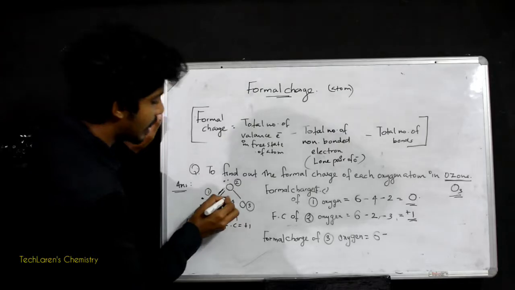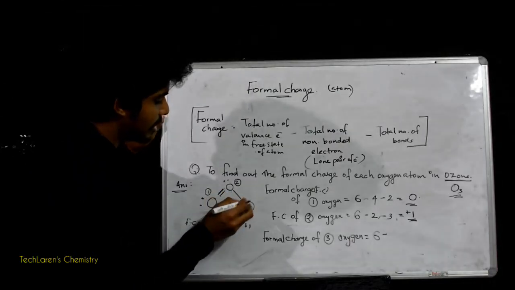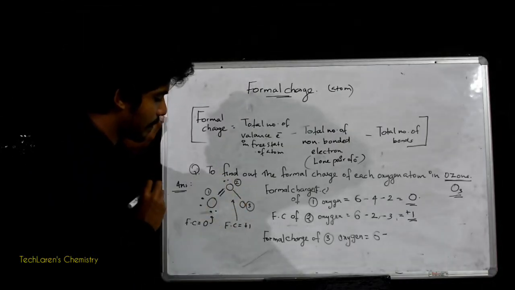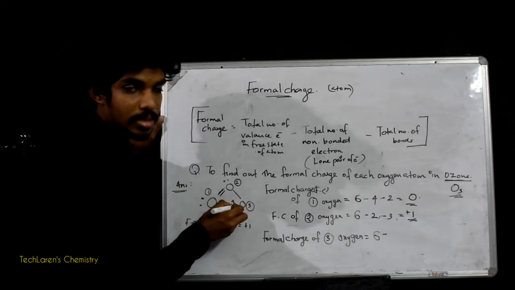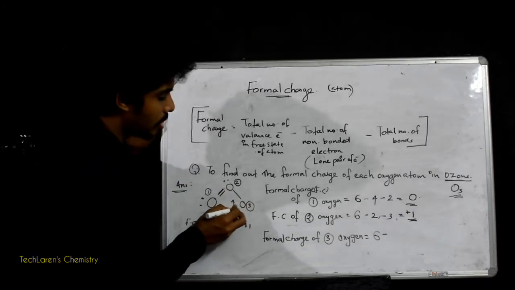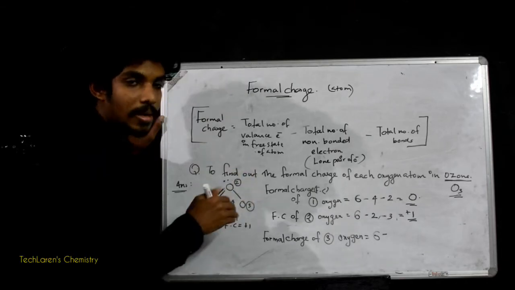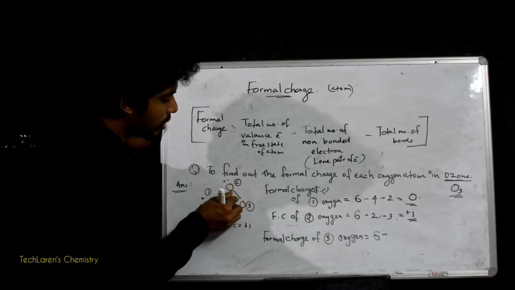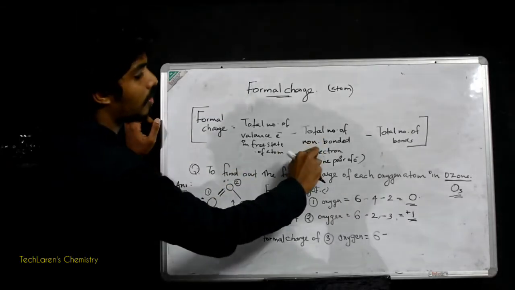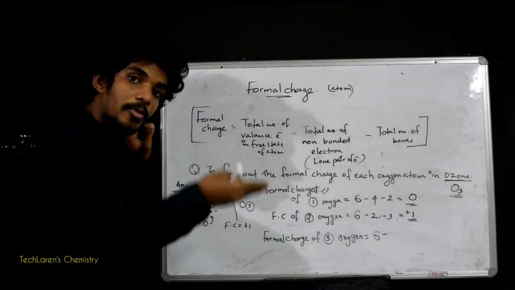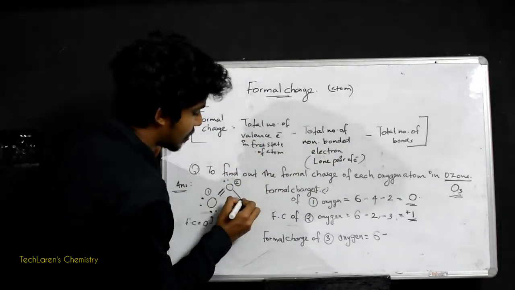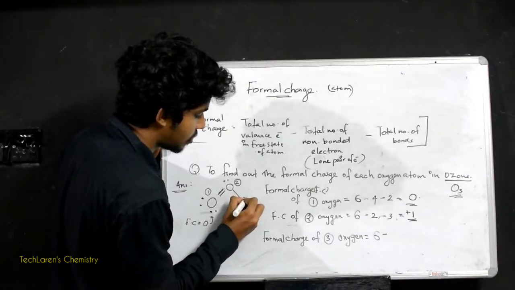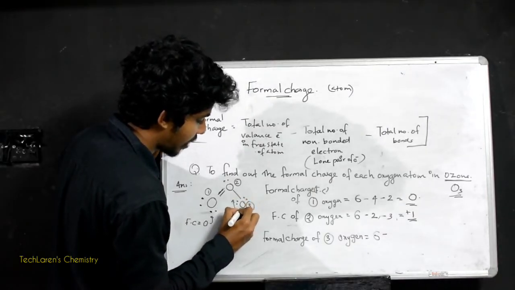Here a single bond is present between the third oxygen and the second oxygen. After bond formation, it gets 8 electrons in its valence shell. From these 8 electrons, 2 electrons are contributed to this bond formation. The total number of non-bonded electrons, that means freely available electrons, is 6.